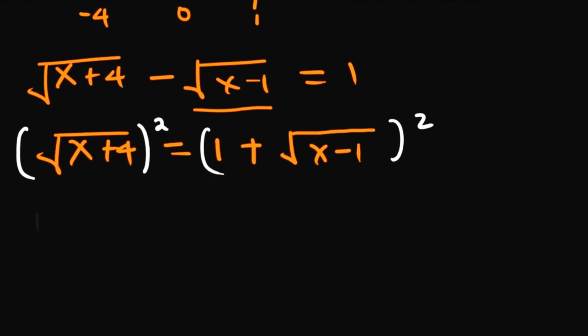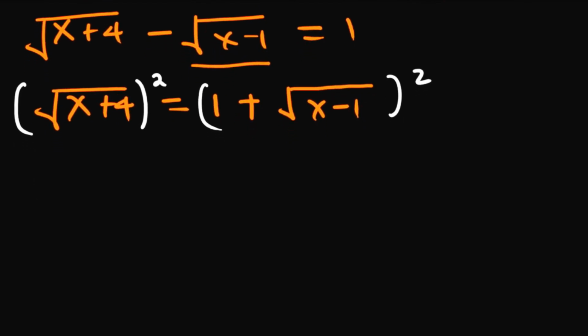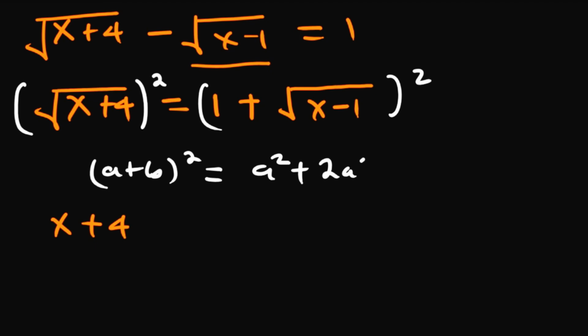So let us see what we get when we do that. So for the left hand side, this square will cancel the root so that we are left with x plus 4. But then on the right hand side, we can expand this using the quadratic identities. Remember, if you have (a plus b) squared, that is the same as a squared plus 2ab plus b squared.